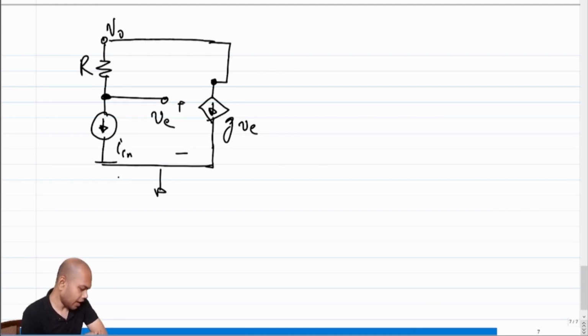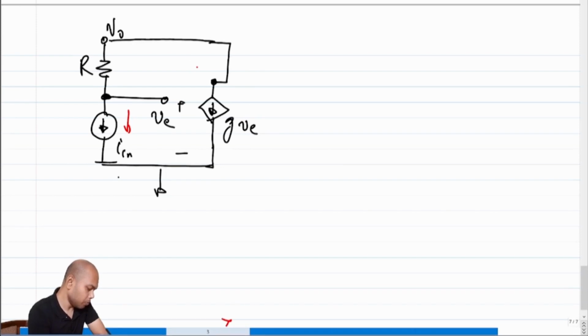So let's write KCL. At which node would you like to write KCL? Let's write KCL at VE. So what is I in? What is the direction of I in? I in is this. Where is I in flowing out from?